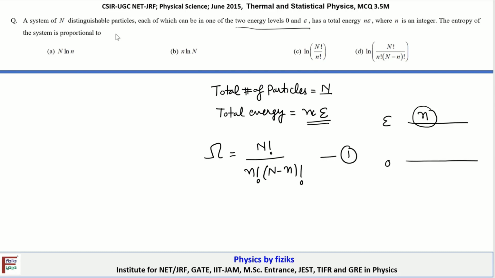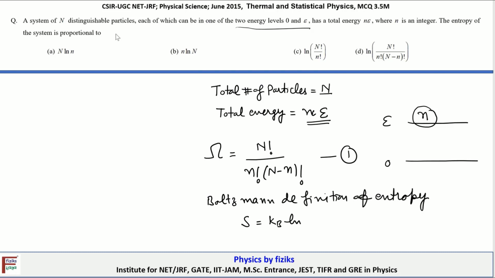Once the microstates are known to us, the corresponding entropy of the system is given by the Boltzmann definition of entropy, which correlates a macroscopic parameter, the entropy, with the microscopic parameter, the number of microstates.